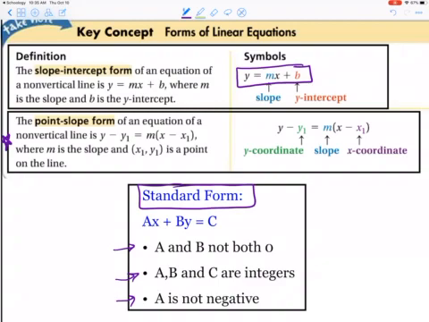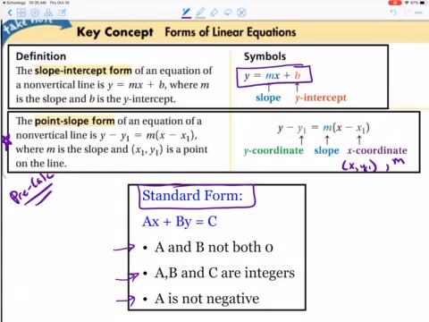Now a new form is called point-slope form. This is a form that you will be using in pre-calc. This uses a point, the point being x1, y1, and a slope, slope being m.